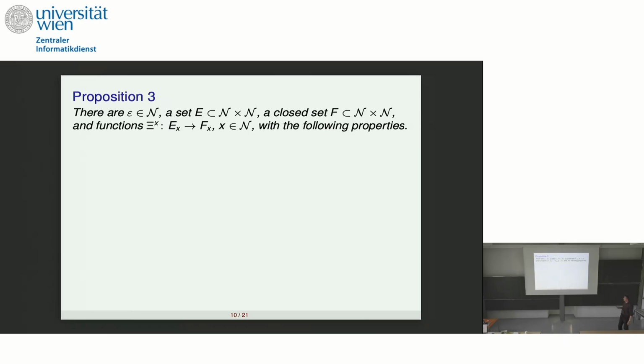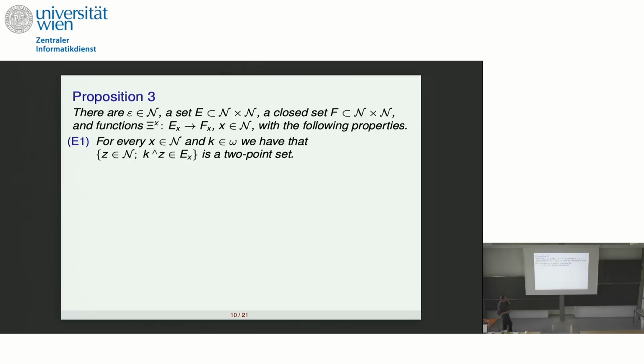Proposition 3 says that one can find a set E in the product of N times N and a closed set F in the product, and a family of functions xi x, where x varies over the Baire space, and each xi x goes from the x-section of E to the x-section of F. We require four properties.